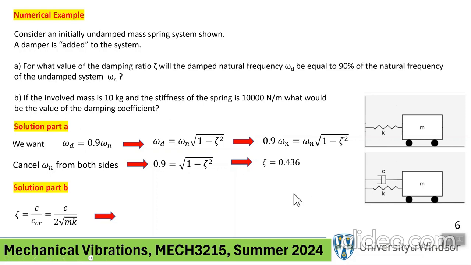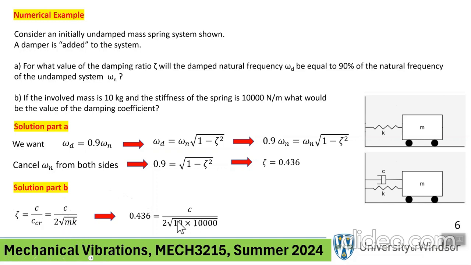Okay. So first of all, it's a fairly straightforward way. You write the expression for zeta. Zeta is C over C critical, or C over 2 square root of mk. Remember, there are two ways of writing this thing. It is also possible to write this as C over 2m omega n, which is the same thing.